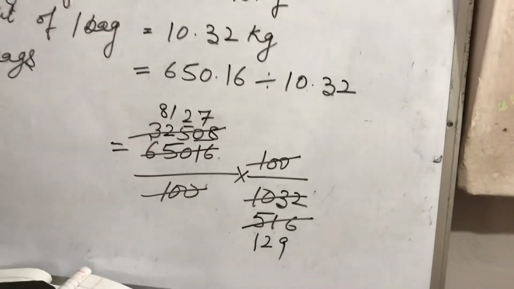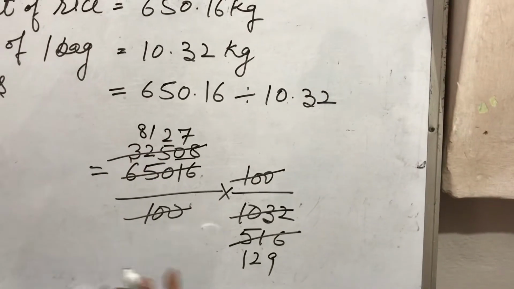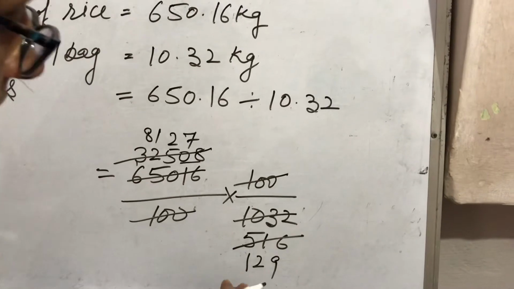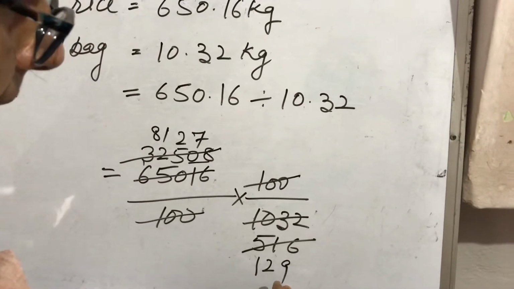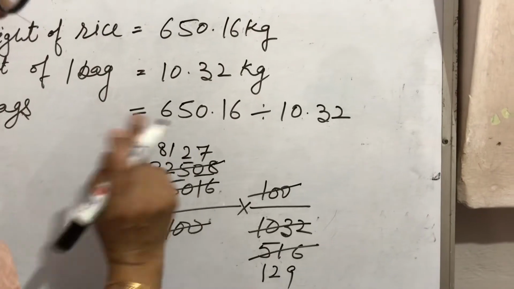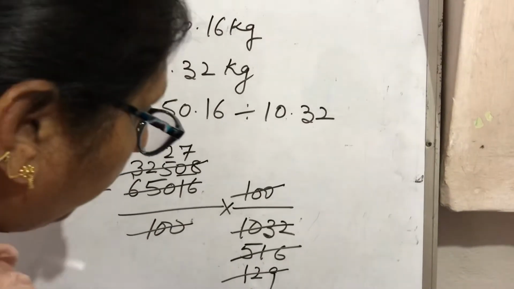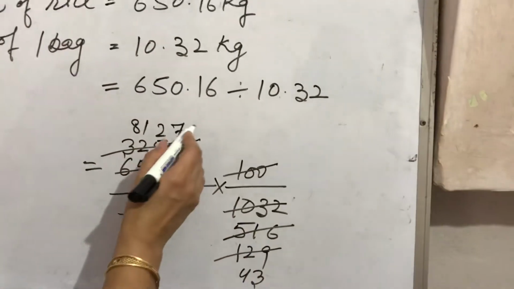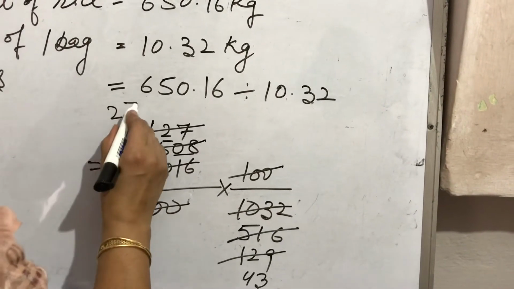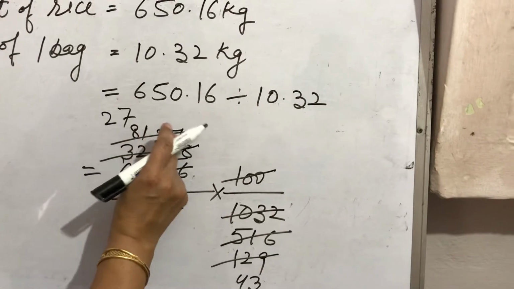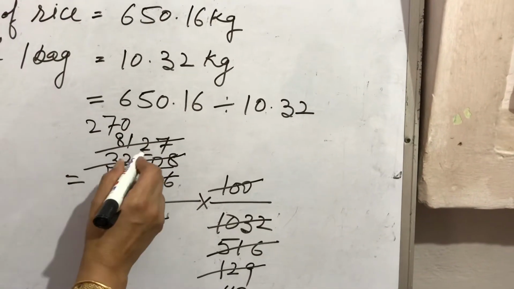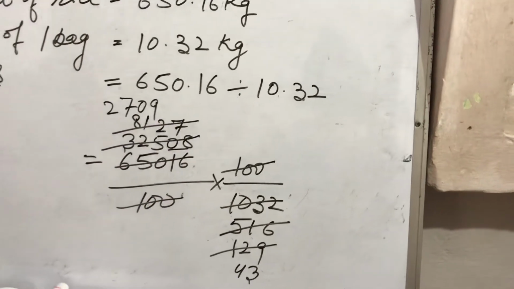Now 129 and 8 1 2 7, we can check the divisibility test by 3 and 9: 12, it will be divisible by 3. Then 9 and 9, 18. So 4 3, and this will be 3 twos are 6, 7. Again 2 digits we are using at the same place, 27. We'll use 0, 9 threes are 27.